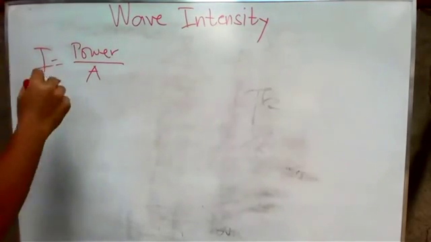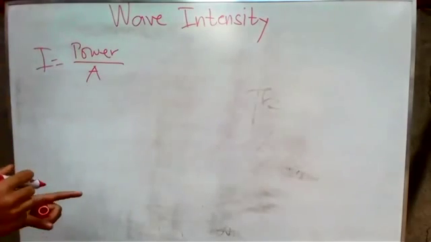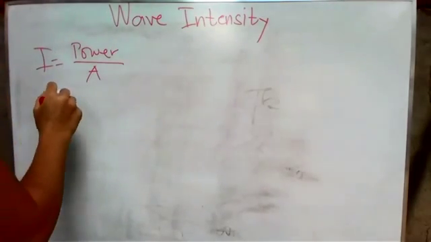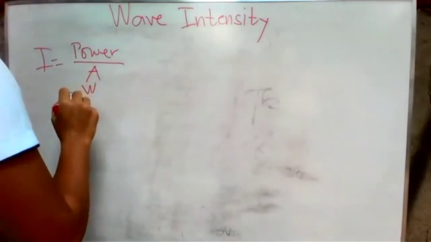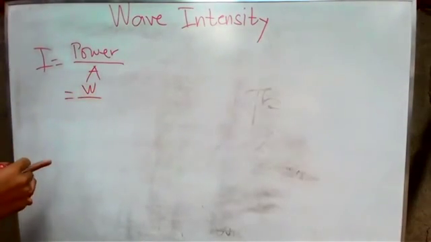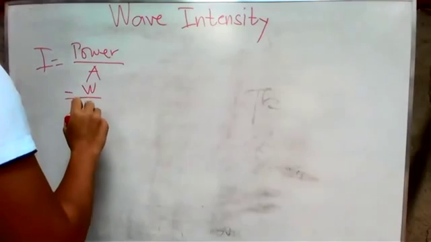So intensity is equal to power divided by area. We measure intensity in watts per square meter.